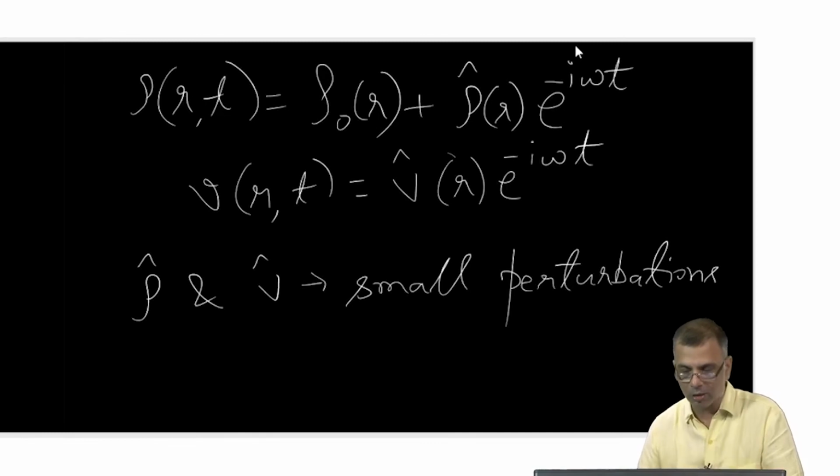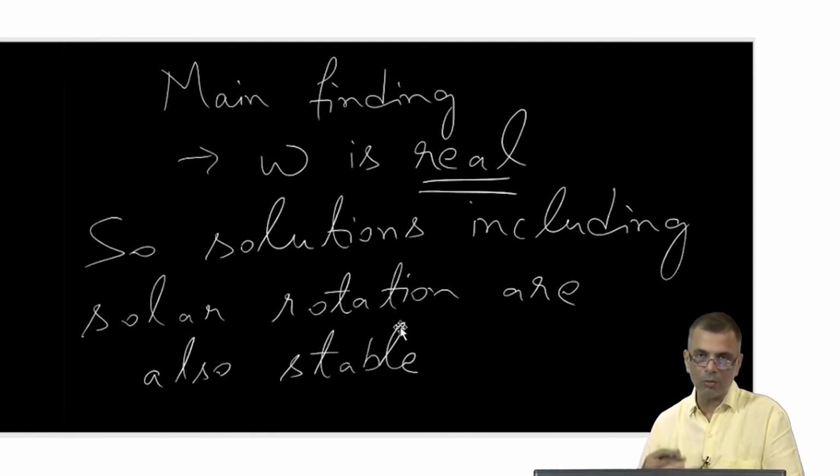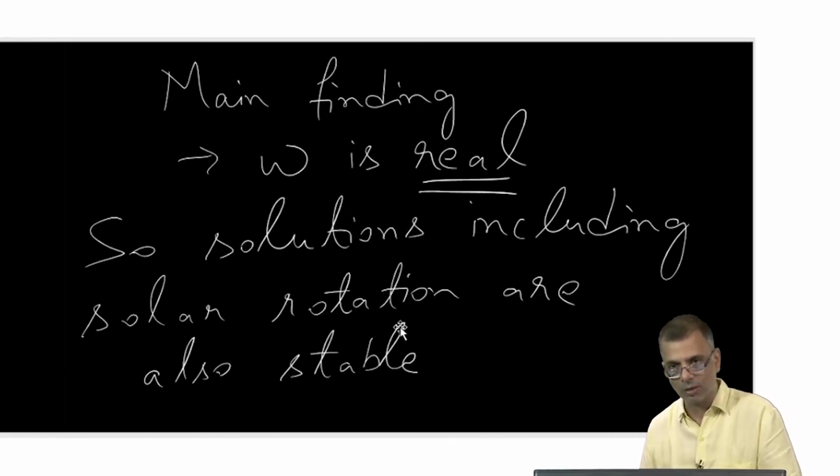The perturbations are not growing without bound, and therefore the solutions are stable. So these are the two modifications to the Parker solar wind solution.